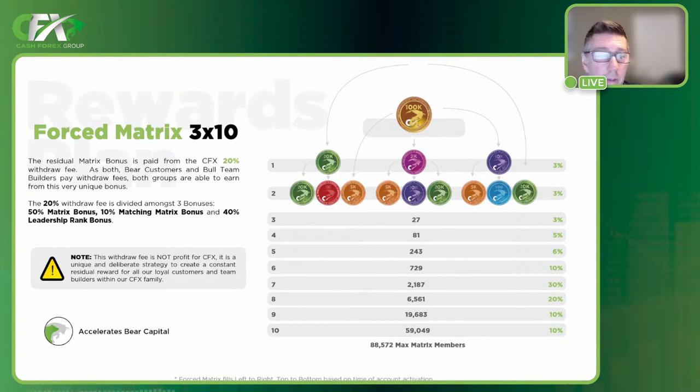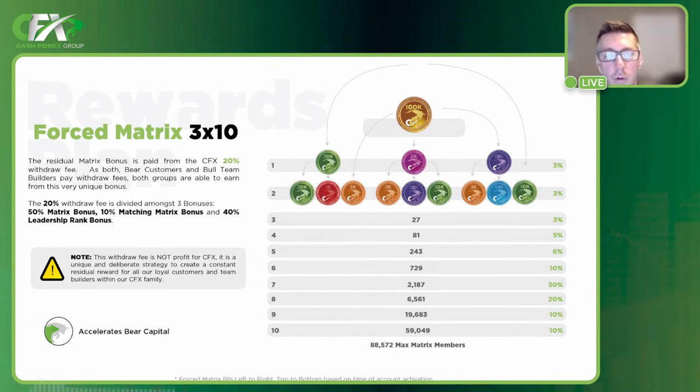Well, that means that your matrix earnings, if they're in your matrix, are going to be larger as well. So as your organization continues to move through the trade package ladder, and as that group continues, if they choose, to share CFX with others and earn unilevel bonuses, fast start bonuses, etc., they're going to withdraw all of those gains in larger and larger increments as time passes, which means you are the beneficiary of those larger withdrawals any and every time someone makes a withdrawal.